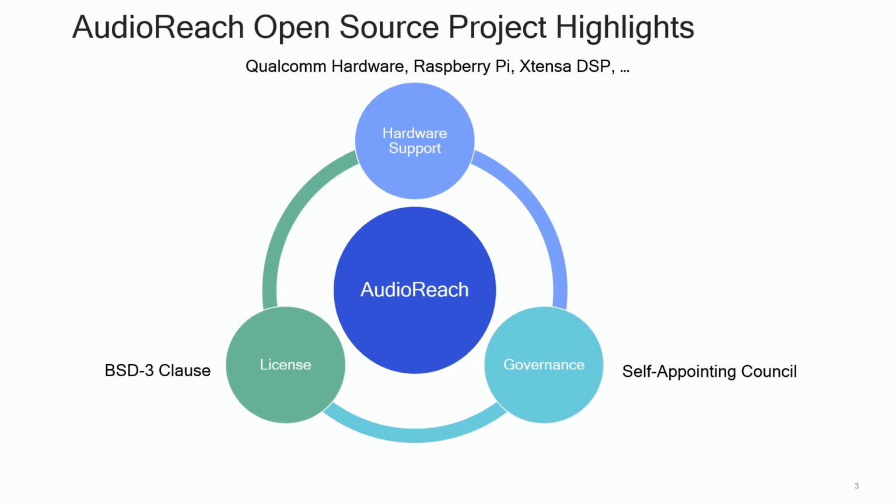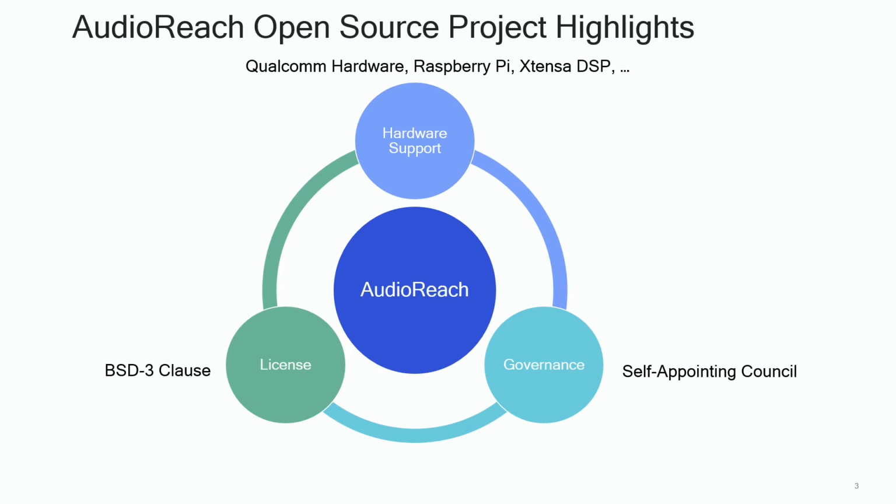Next point is the license setup for this open source project, which would be primarily the BSD-3 license. It's a more permissive license, so that when an algorithm solution vendor has their algorithm IP running through AudioReach, they are not required to open source their secret sauce.